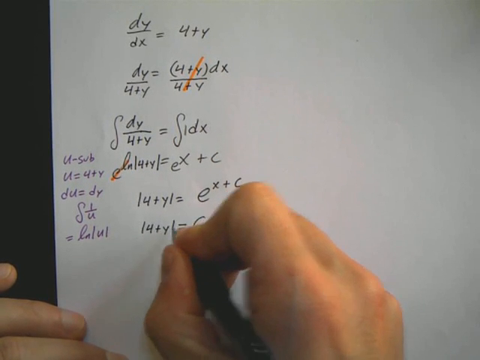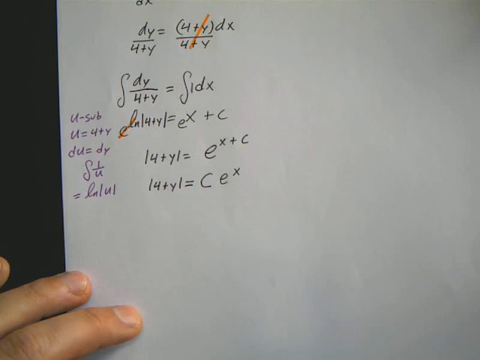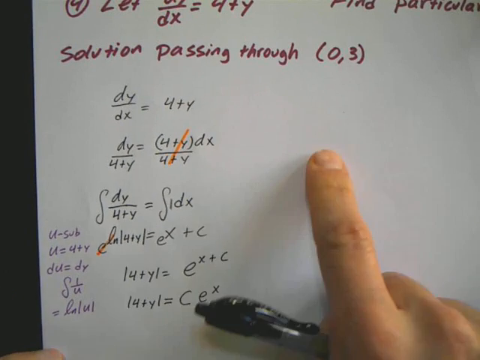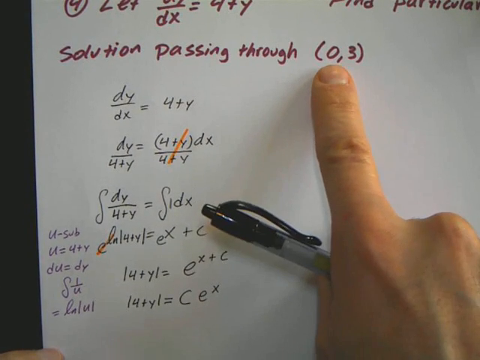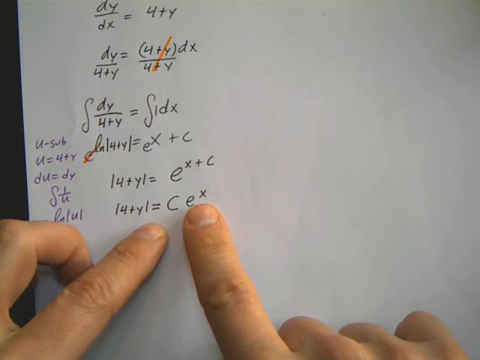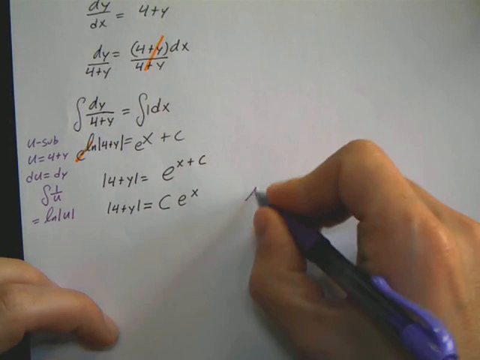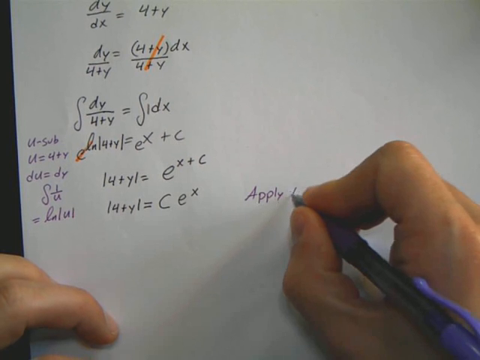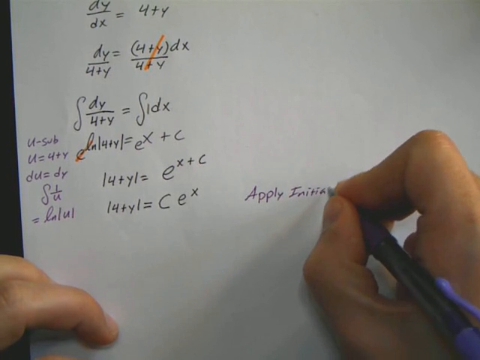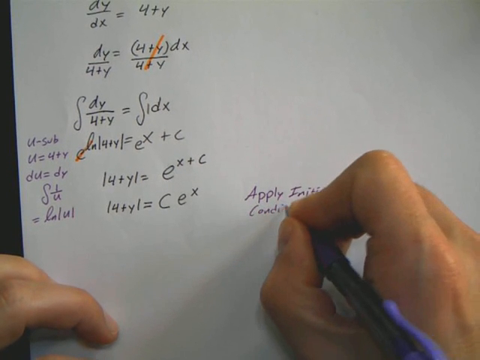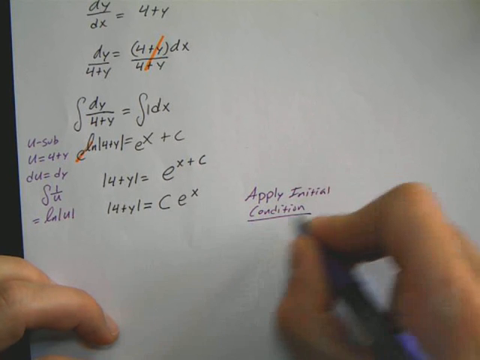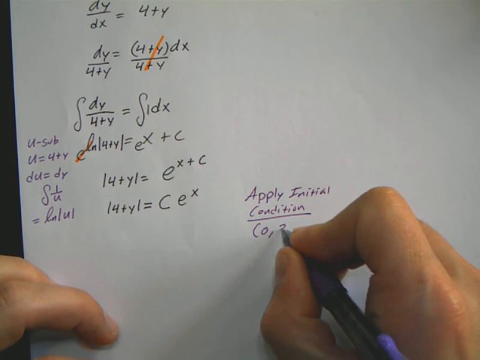Okay. Now, I wanted to find the particular solution that passed through this point, so I'm going to go ahead and apply my initial condition. My initial condition was 0, 3. This is my x value, this is my y value.